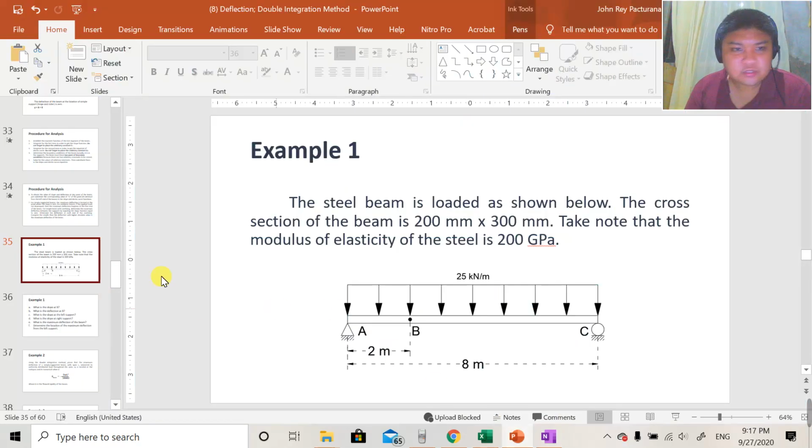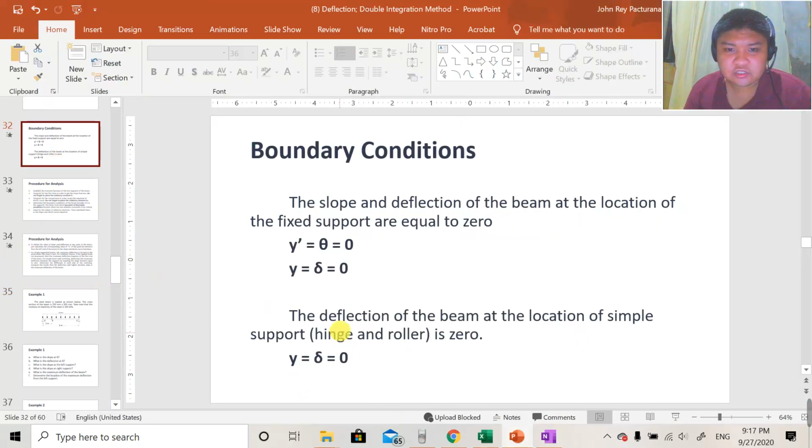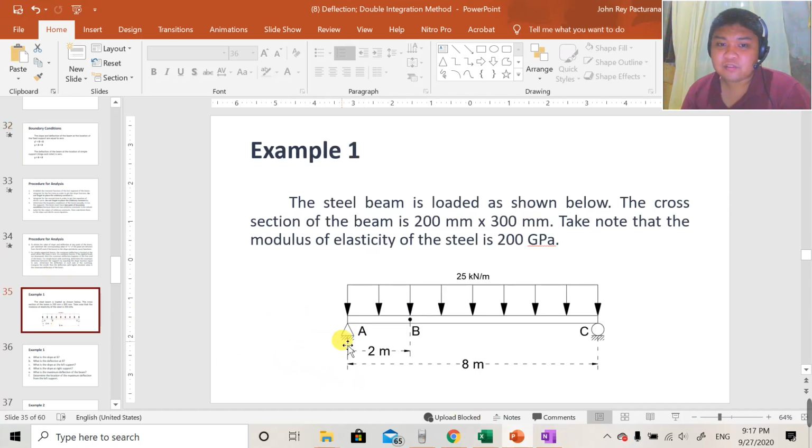Katulad nga dito, based sa rule natin, paano natin nasasabi yung boundary condition? So, sabi natin, the deflection of the beam at the location of simple support is 0. So, kung nasaan yung simple support, automatic y equals 0. Eh, dito sa beam natin, dalawang simple supports, yung hinge sa point A, ang representation natin yan, yung x niya equals 0. So, di ba ang x natin is always the distance from the left end.